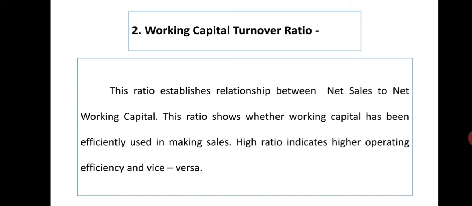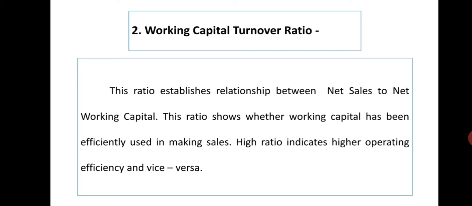Working capital turnover ratio. Now, this ratio indicates the relation between net sales to net working capital. And what does this ratio exactly show? This ratio indicates whether the working capital has been efficiently used in making sales. And what is expected?